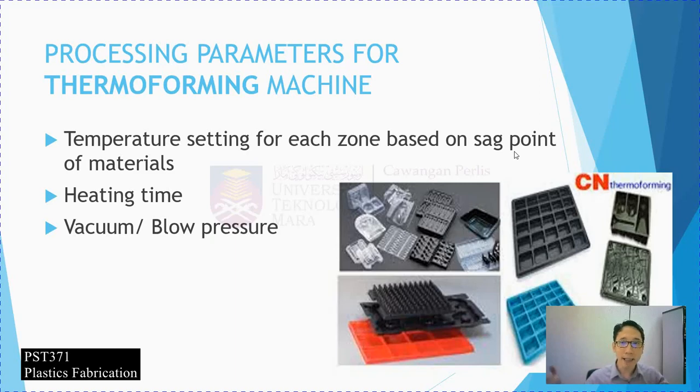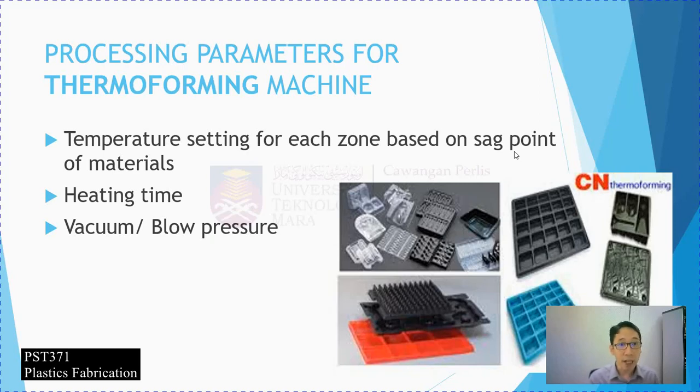And then sagging is where the plastic sheet material starts to soften and it produces a sag. Okay, sag of the plastic sheet, what we call the sag point. And then the heating time is slightly related to the temperature setting. For some temperature settings you do not modify the temperature, but you play around with the heating time.